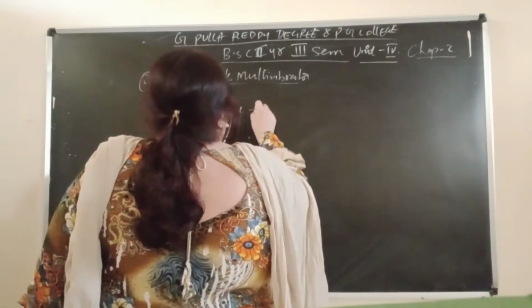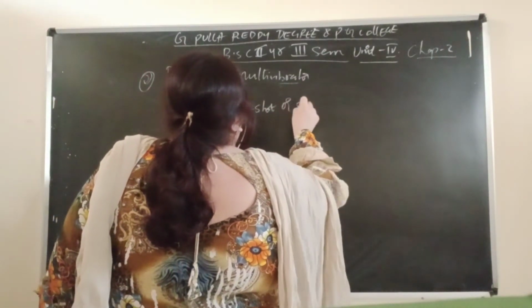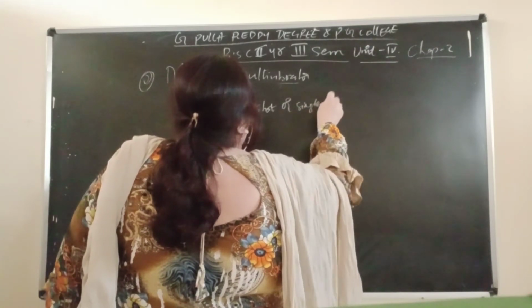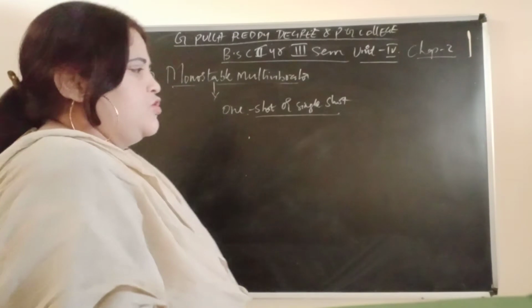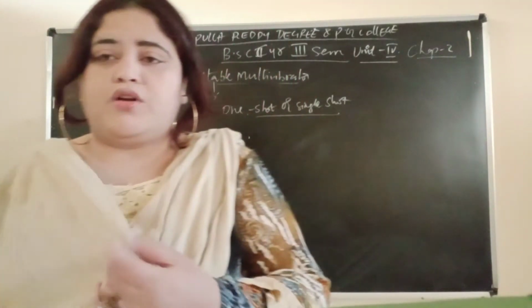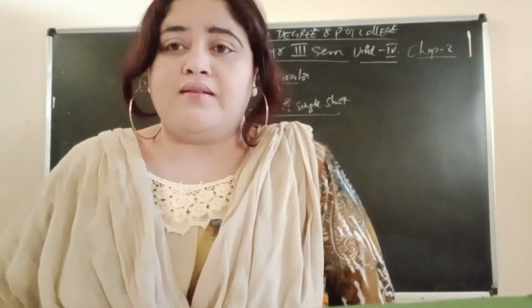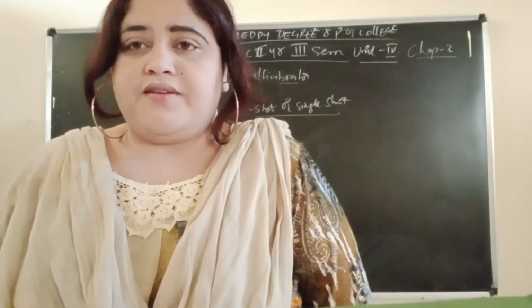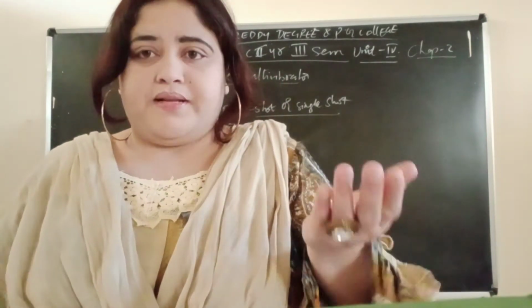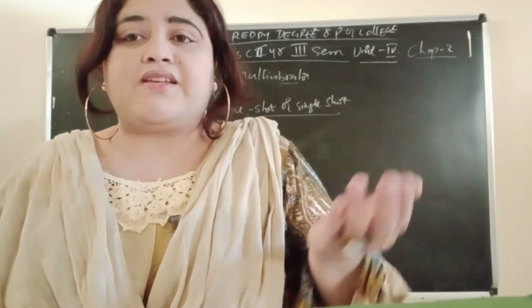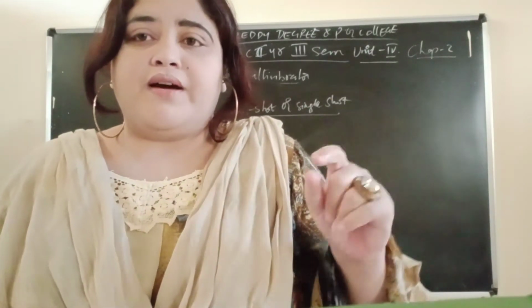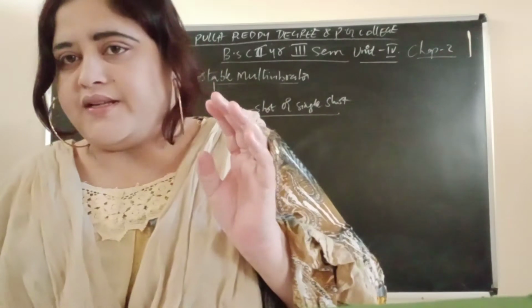Monostable means one shot or single shot multivibrator. What do you mean by one shot? Our astable multivibrator does not need any trigger pulse, but a monostable multivibrator needs an external trigger pulse. One external trigger pulse is compulsory in a monostable multivibrator.